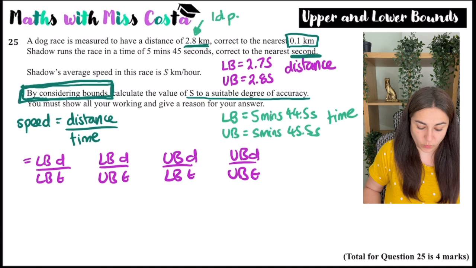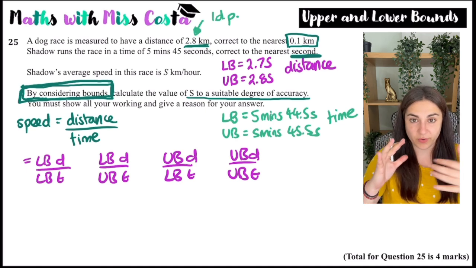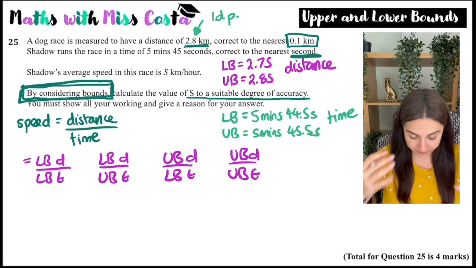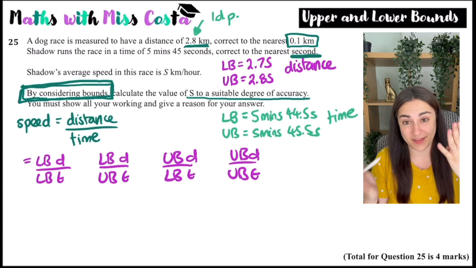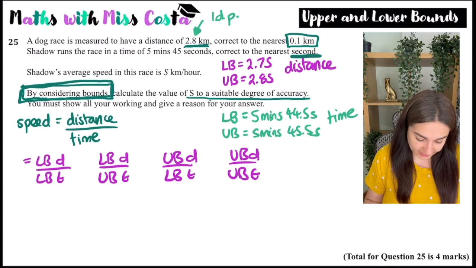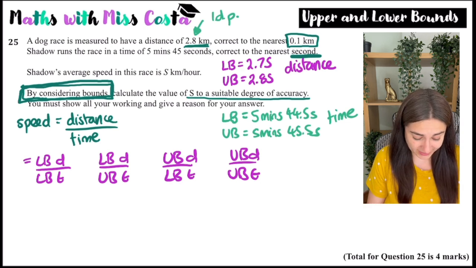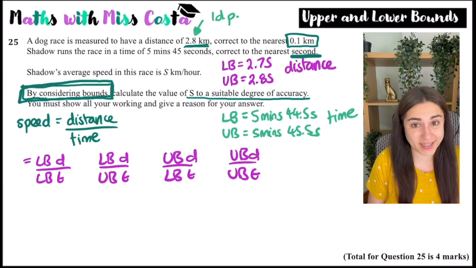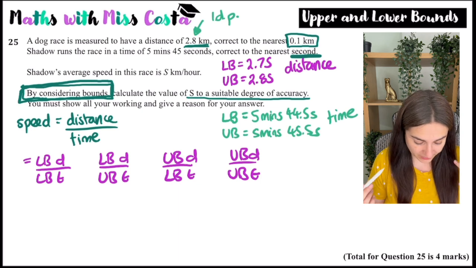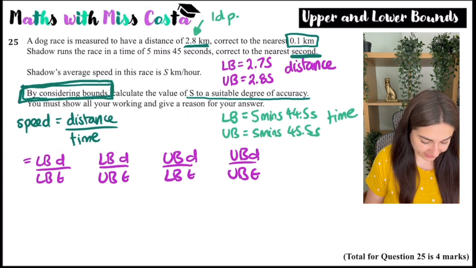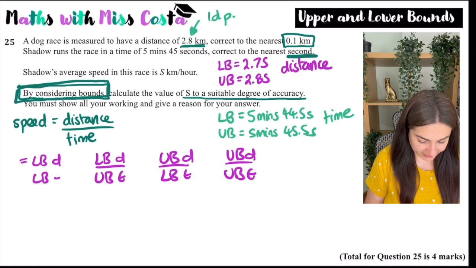So essentially you're matching each bound to each other, so there's a combination that includes all of them, and that will mean there's 4 combinations. That is the worst case scenario, because all you're doing then is just substituting values in, and then you're going to get some answers and figure them out. But that is the worst case scenario, and let's actually read the question because I think it actually wants more from us.